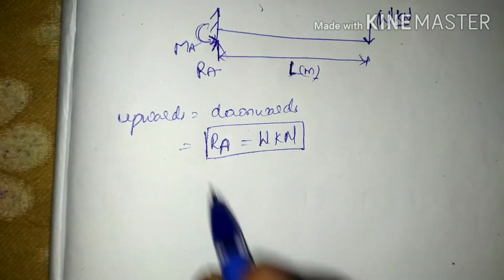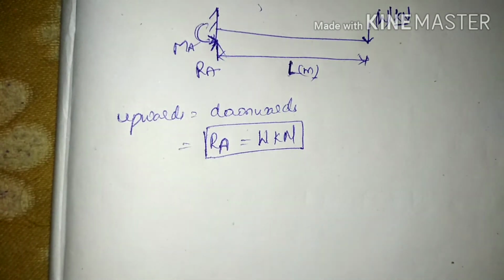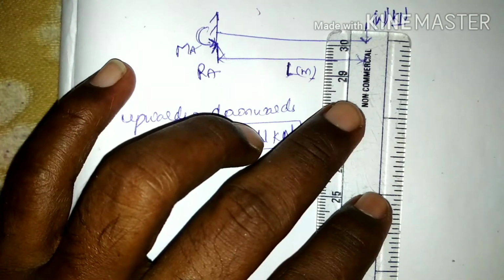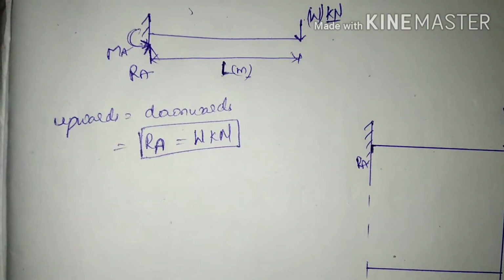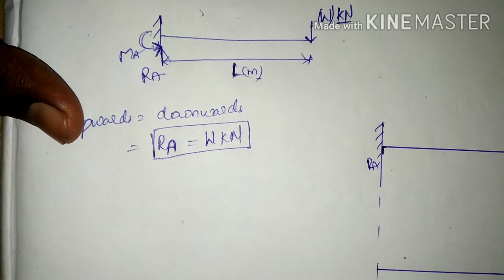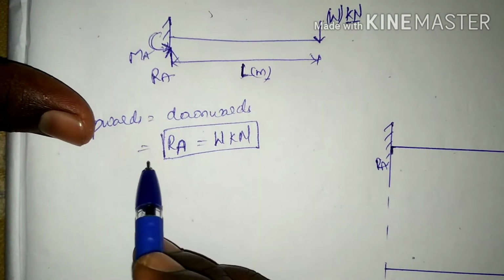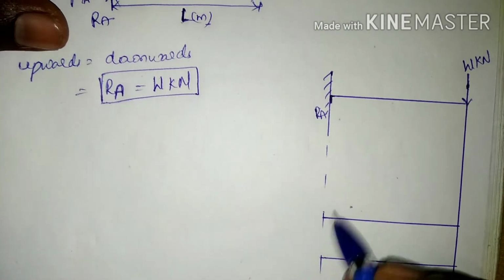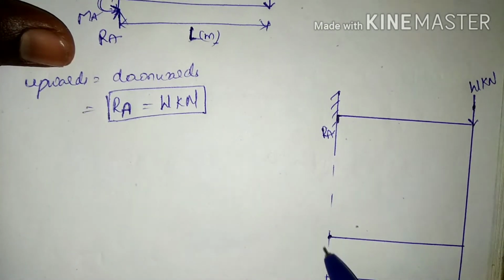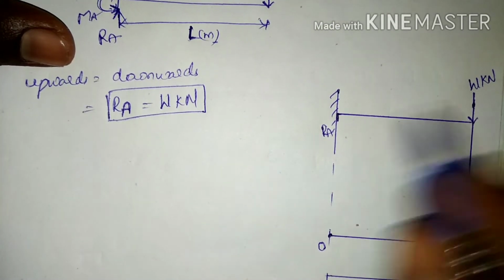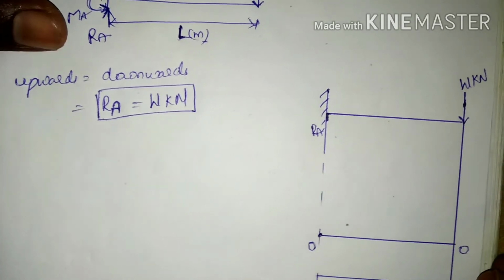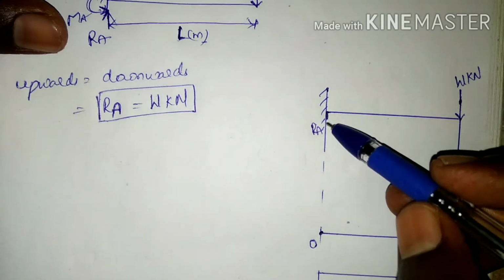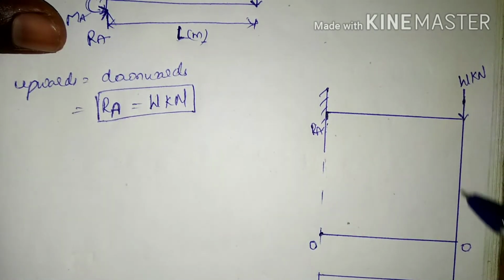That we are going to find. This is RA, and here what is the diagram for this? How are we going to draw the shear force diagram? Here it is RA. Here it is 0 and it is 0. This is a free body diagram for the shear force and bending moment. You have to draw a dotted line here and here also.